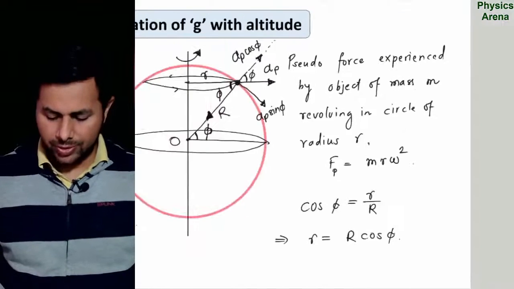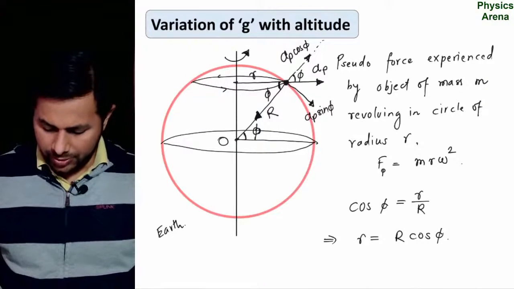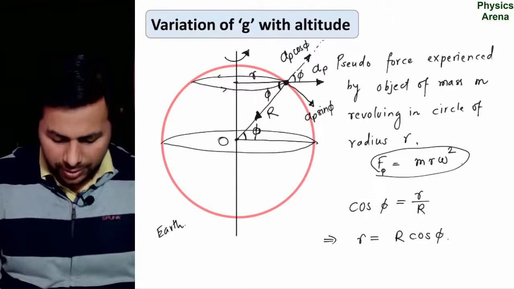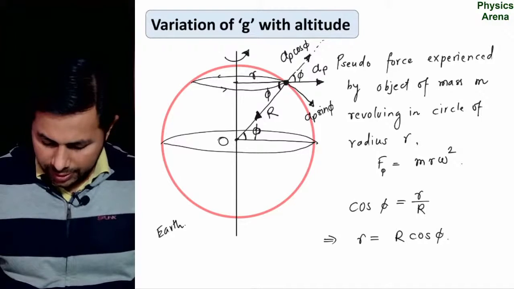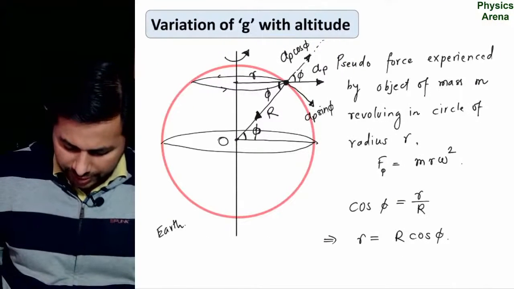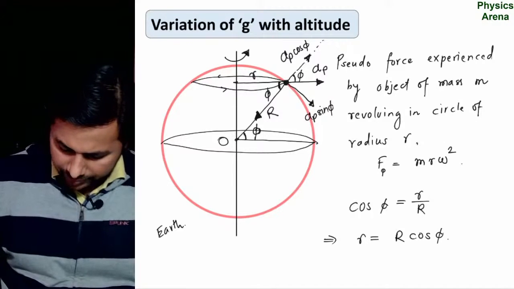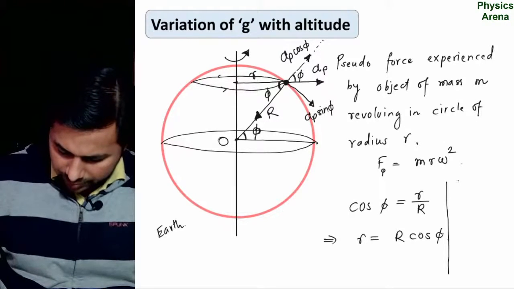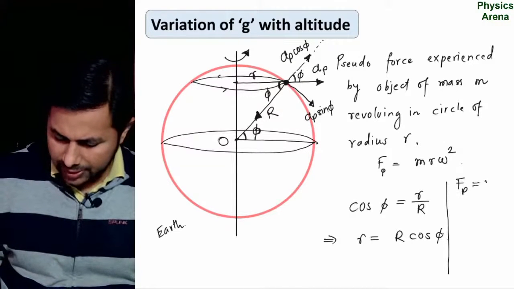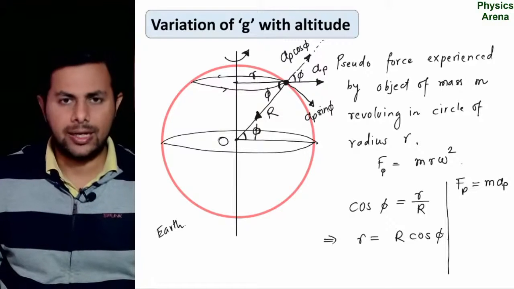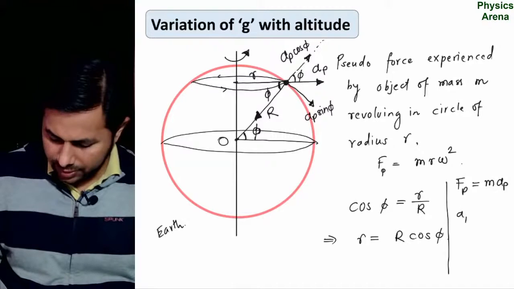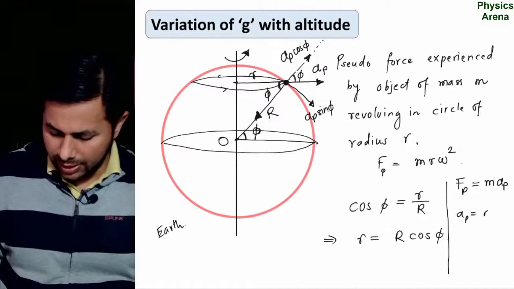And how much is the magnitude of A_p? It can be found from this formula. So F_p can be written as M times A_p, and this gives us A_p equals r omega squared.